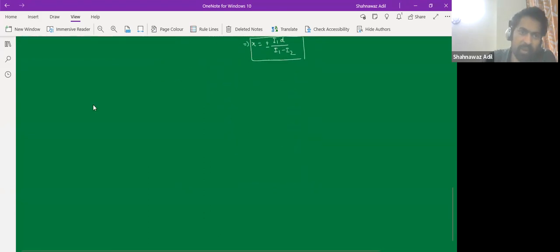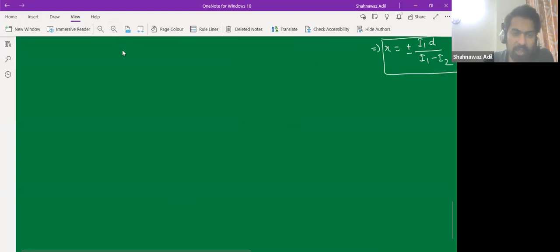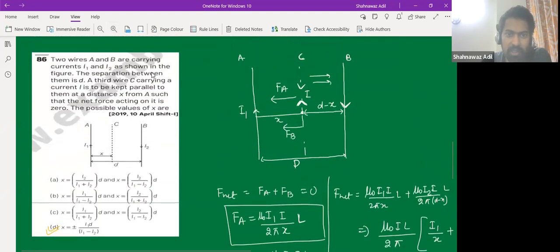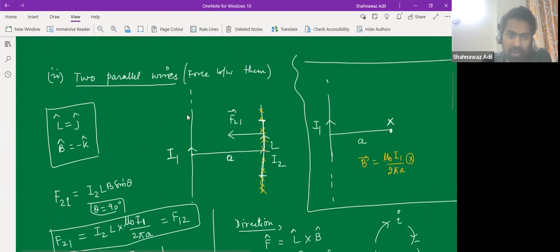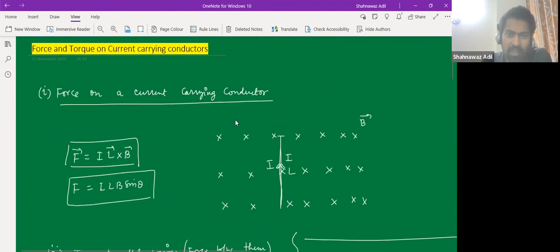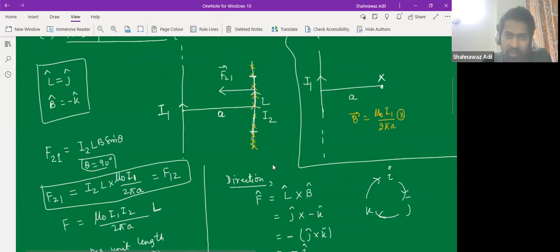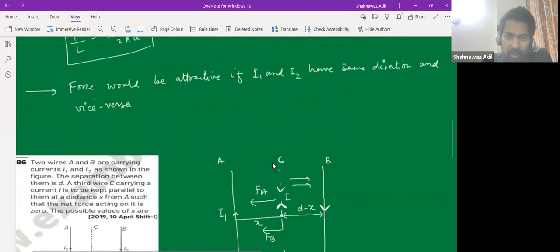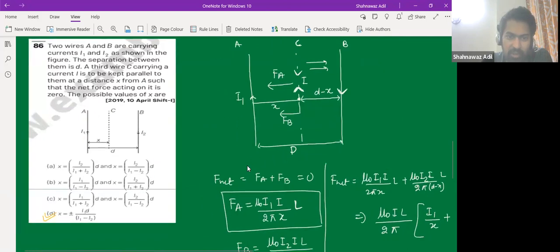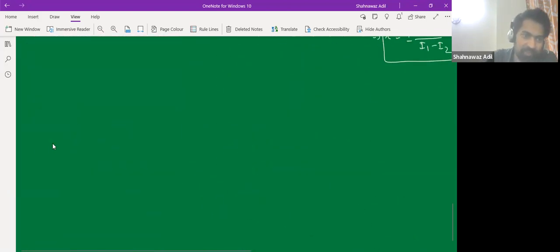So now we talked about the force in an external field due to a current carrying wire, and then we talked about two parallel wires. Now what we do is calculate the force on a loop.